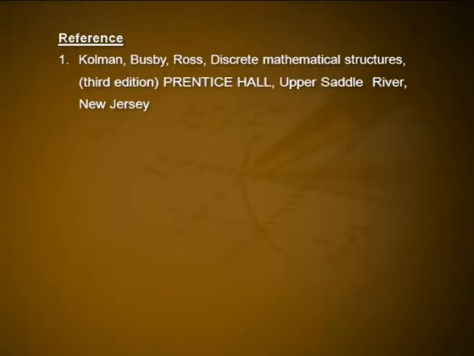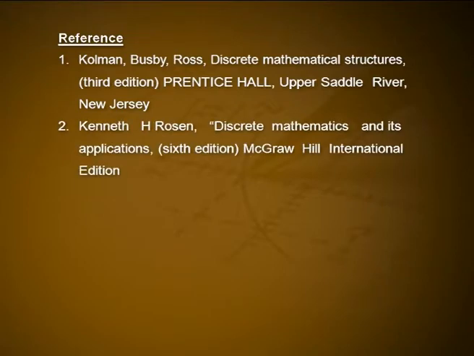Here are some books for further reading. First one, Discrete Mathematical Structures by Coleman, Busby and Ross, by Prentice Hall, Upper Saddle River, New Jersey. Second one, Discrete Mathematics and its Applications, 6th edition by Kenneth H. Rosen, by McGraw-Hill International Edition.